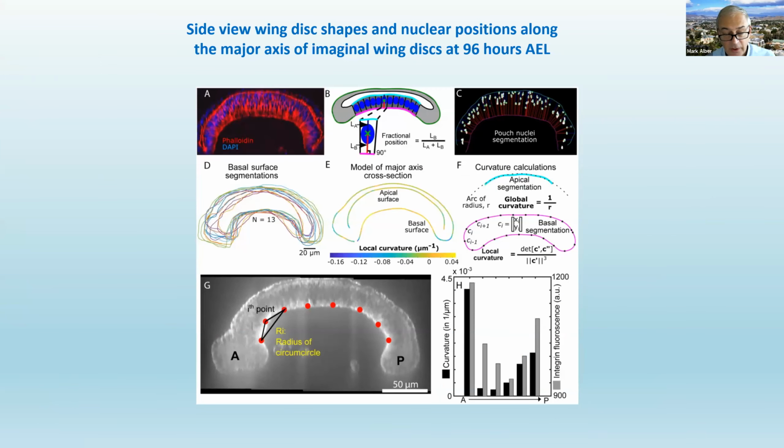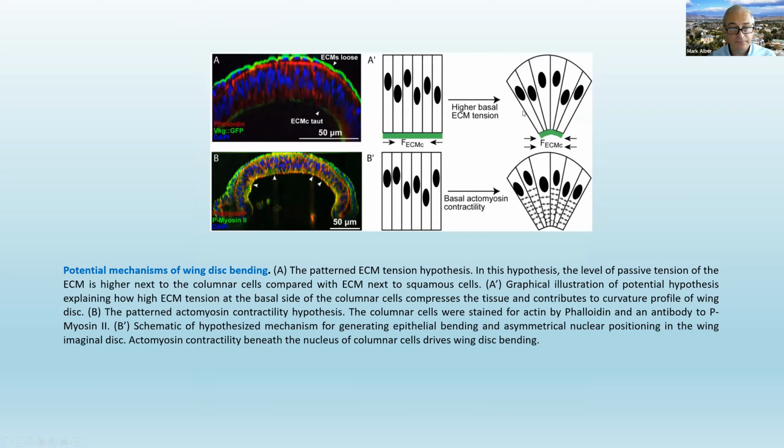So I mentioned that we got a lot of imaging data. We used machine learning algorithms to characterize and classify different shapes and structures. And structure for us consists of two types of curvatures on top and bottom, and then positioning of nuclei all through the length of the wing, and aspect ratio of cells and the rest of it. So basically, that's the hypothesized mechanism.